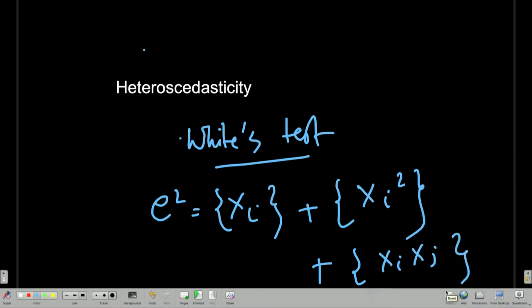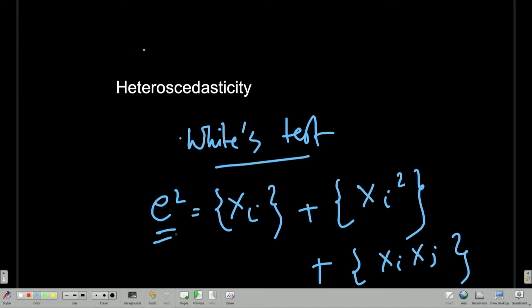Essentially, when I'm trying to understand the variance of the error term and its correlation with the explanatory variables, I'm trying to see if it is also correlated with the square of my x term, because I'm not really sure. And as I mentioned previously, this is nothing but a proxy for the variance of the error term.